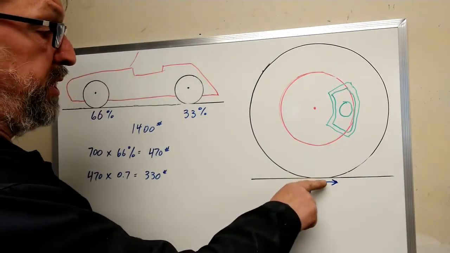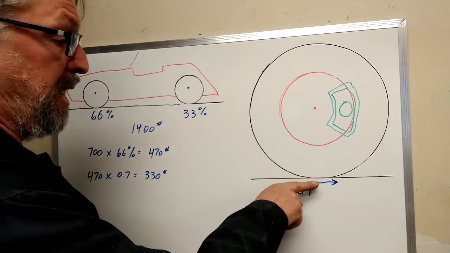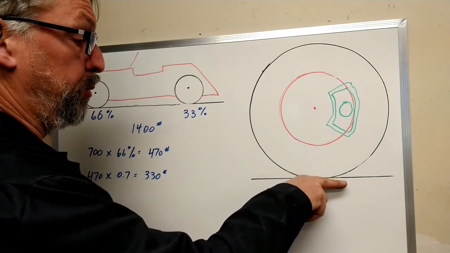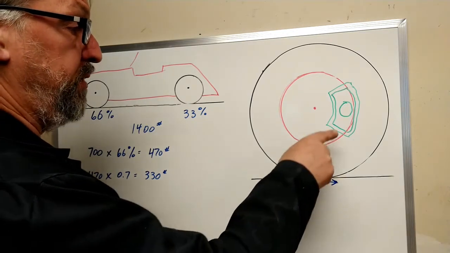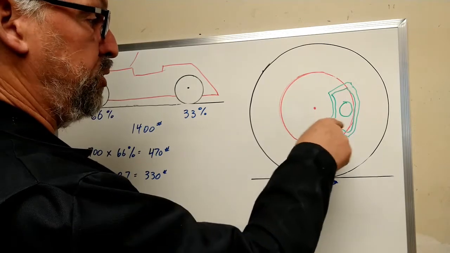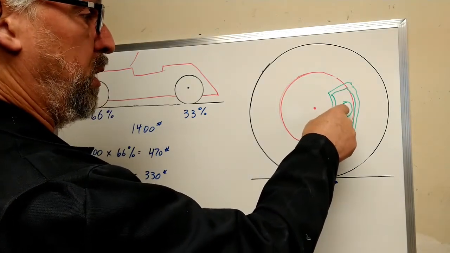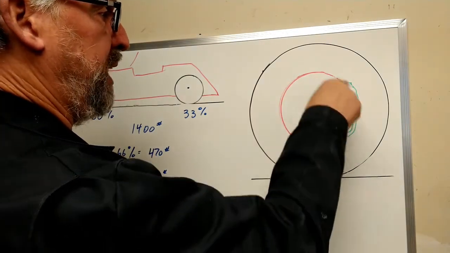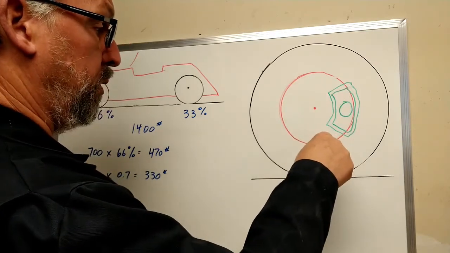So if we can only put in a maximum of 330 pounds of braking force, we have to figure out what our brake torque is to determine what our pressure can be, or what our force has to be coming out of the rotor.